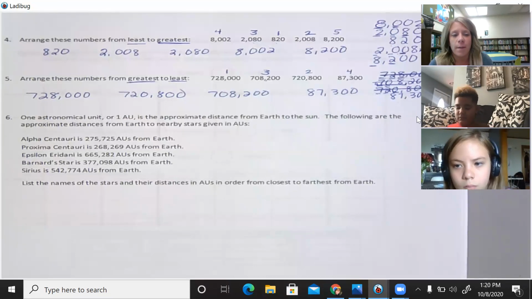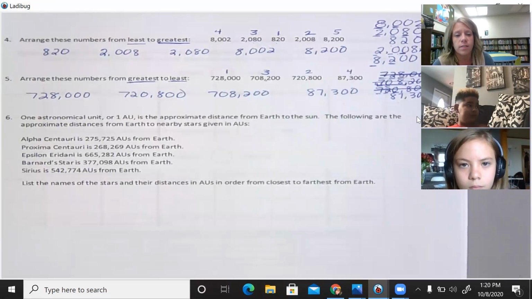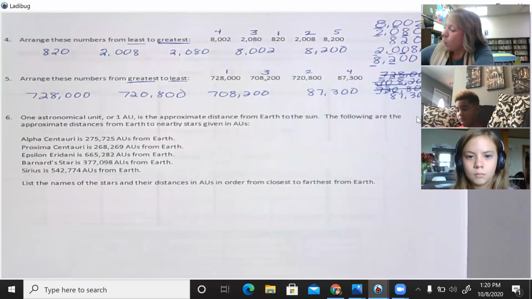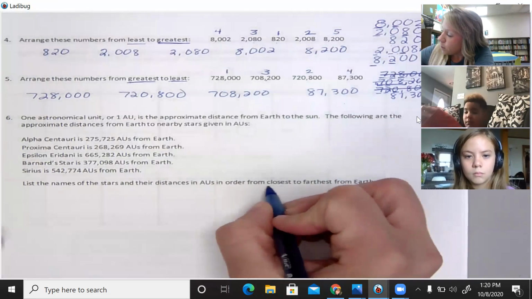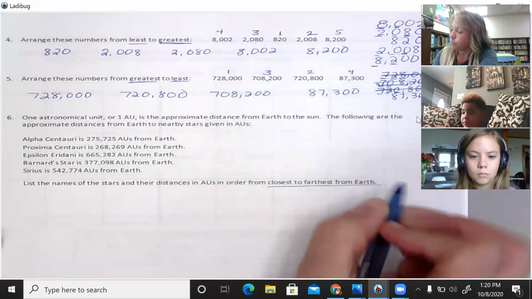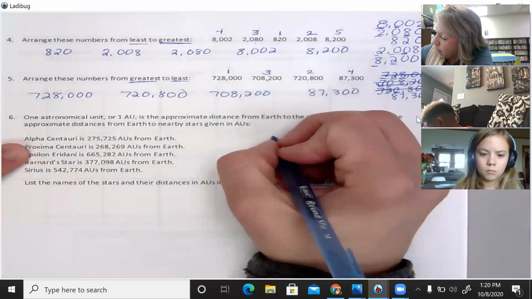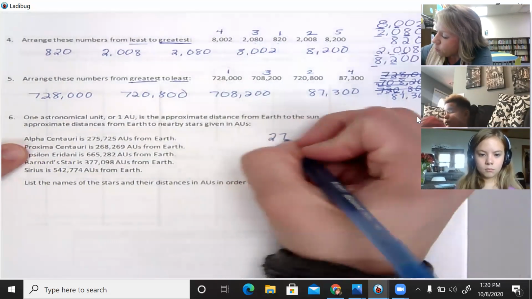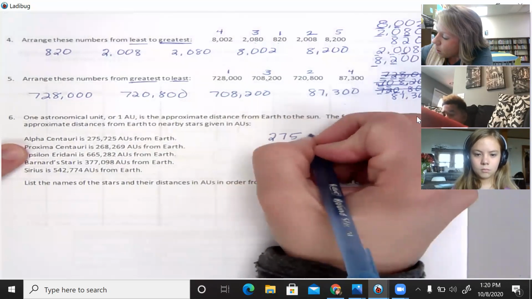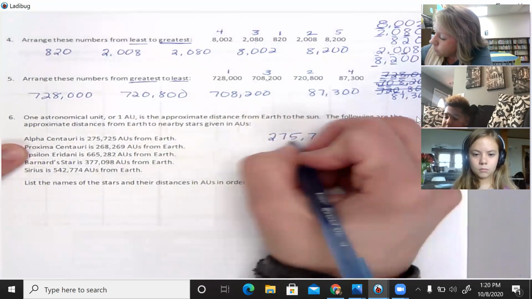We have to list the names of the stars and their distances in AUs in order from closest to farthest from Earth. So I'm going to take each of these AUs and line them up.